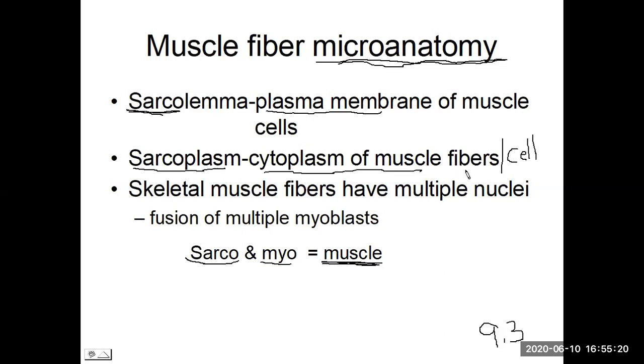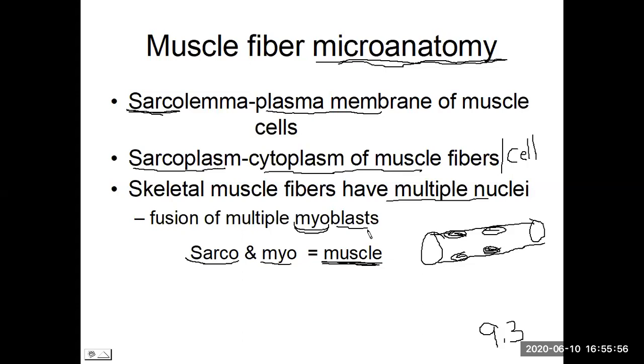So as I mentioned, these long cylindrical cells, that's the shape of a mature skeletal muscle fiber. And it also is a multinucleated cell. Along the length of that long cylinder, there are multiple nuclei in a mature skeletal muscle fiber. And how this develops is due to the fact that we have these precursor cells called myoblasts. So myo meaning muscle, and blast, of course, the younger, newly developed cell.